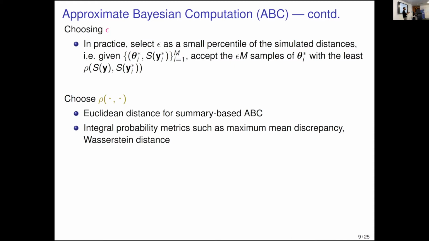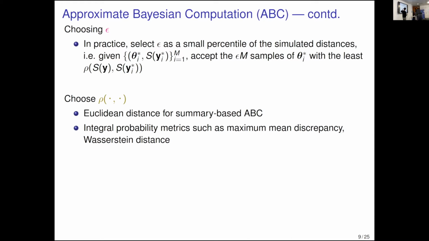So epsilon becomes 5% or 1%, defined in terms of percentile. That's a practical way. At least that way, you know what your simulation budget is. Otherwise, if you keep on running till you get an accept, and you chose epsilon very small, the computation time increases. The acceptance rate goes down, basically.